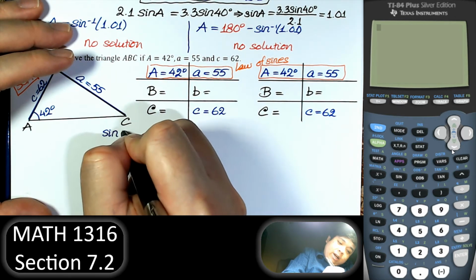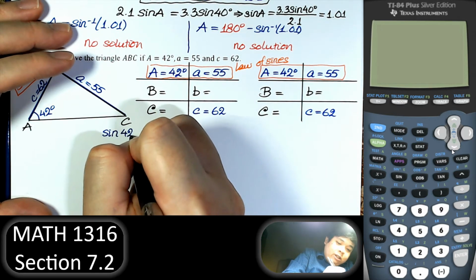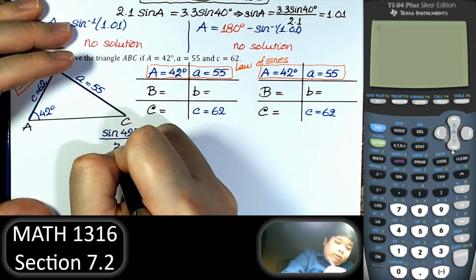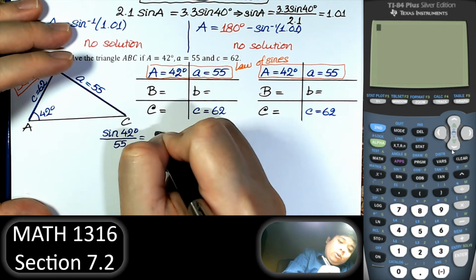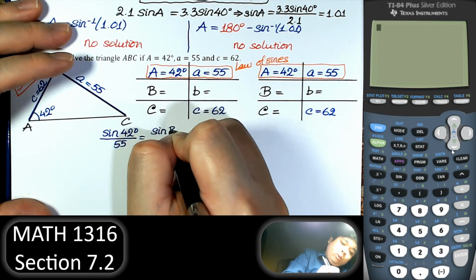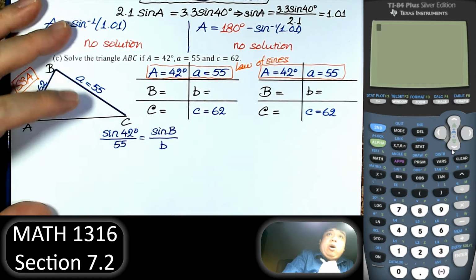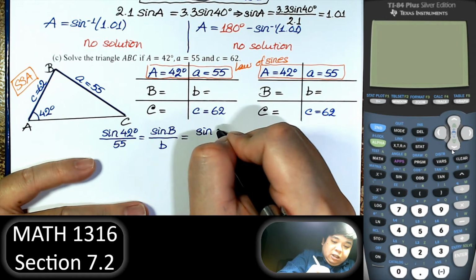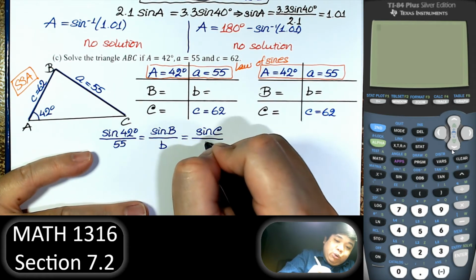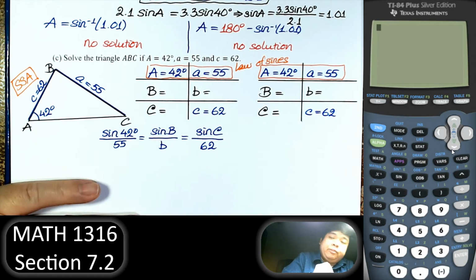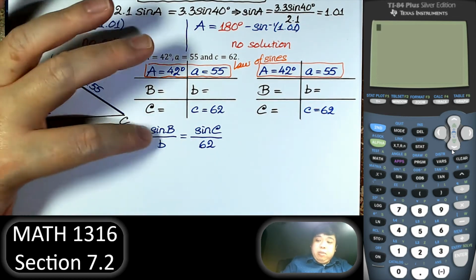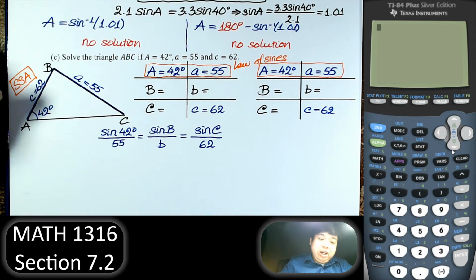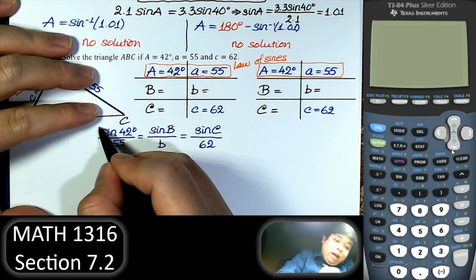Sine of angle A, 42 degrees, over 55 equals sine of angle B over side b. We don't know side b either. Sine of C, don't know angle C, but we do know side c, 62. The middle ratio is useless because we don't know either the side or the angle.